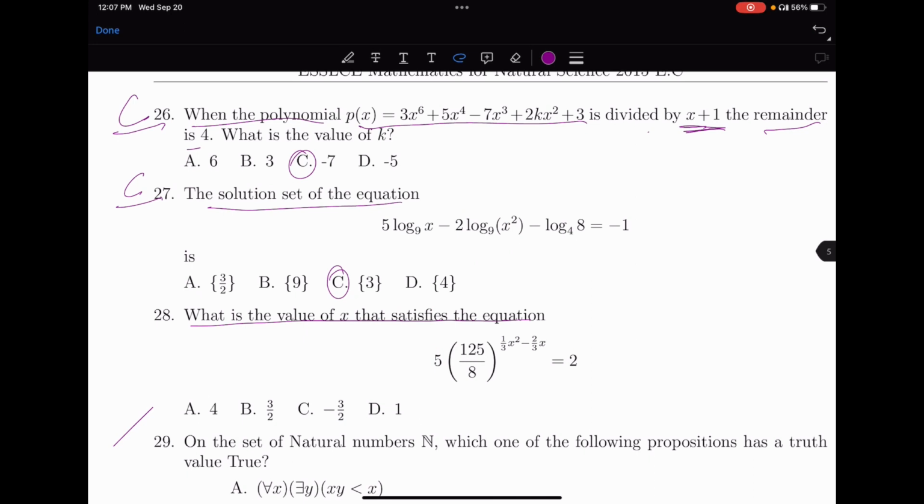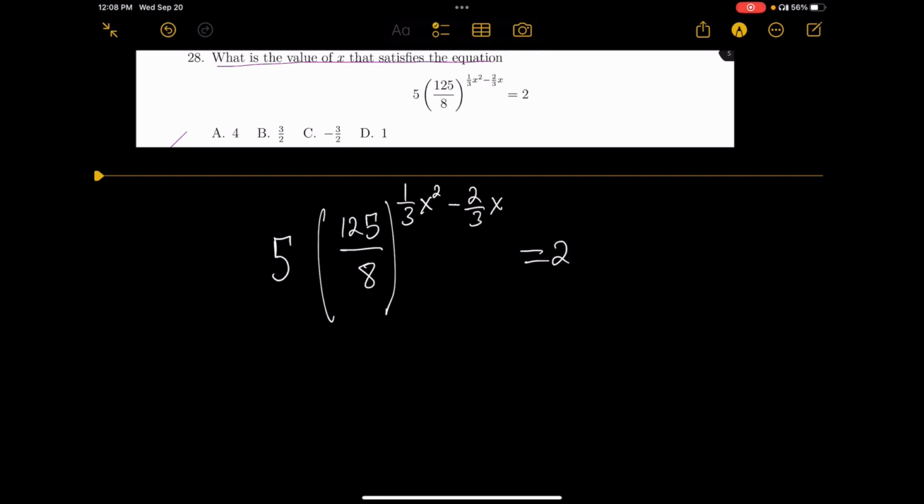Number 28. What is the value of x that satisfies this equation? Let me first write the equation: 5 times (125 over 8) to the power of 1 over 3 x squared minus 2 over 3 x is equals to 2.